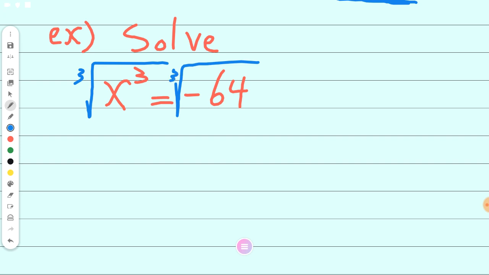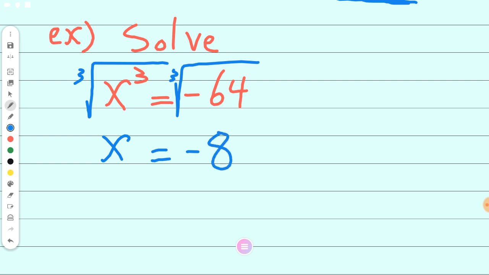Can I take the cube root of a negative number? Yes, I can. As I told you before, the rule of the cube root is that a negative number gives a negative result. The cube root of 64 is 8, so the answer is negative 8.